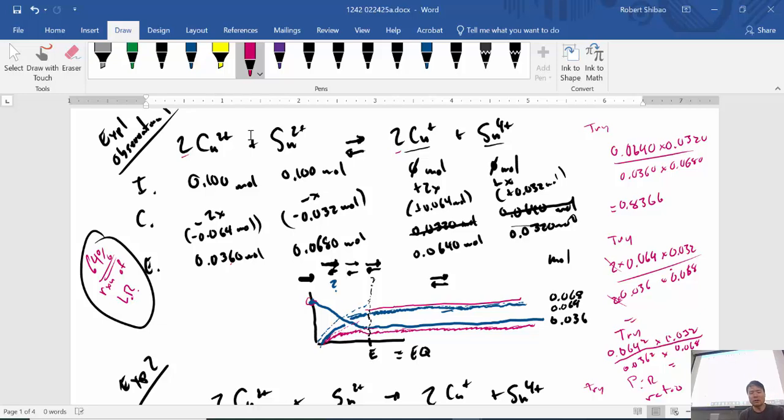And so if I square those, let's see what it comes out to here. So 0.064 squared times 0.032 divided by 0.036 squared divided by 0.068. 1.487.